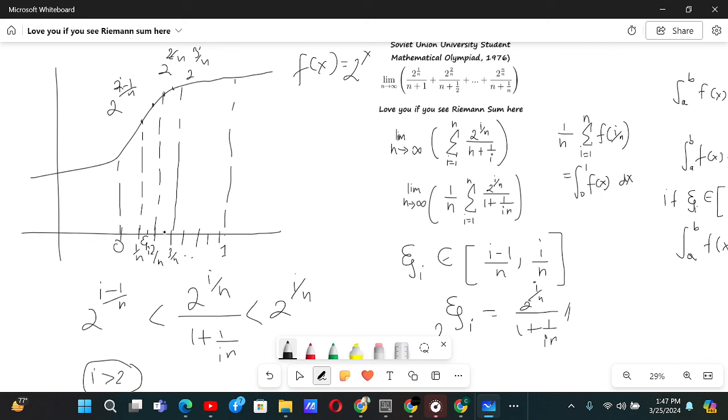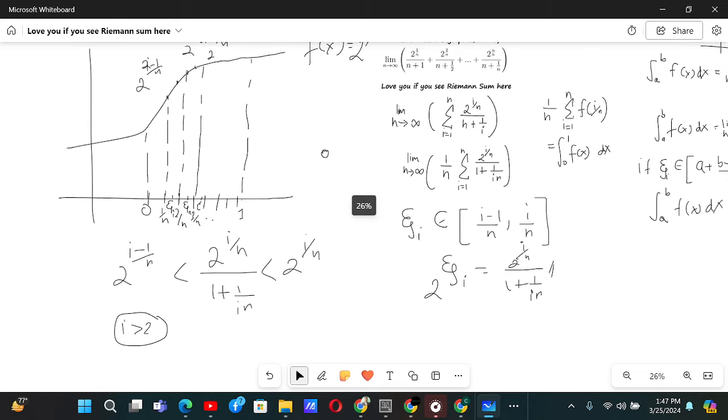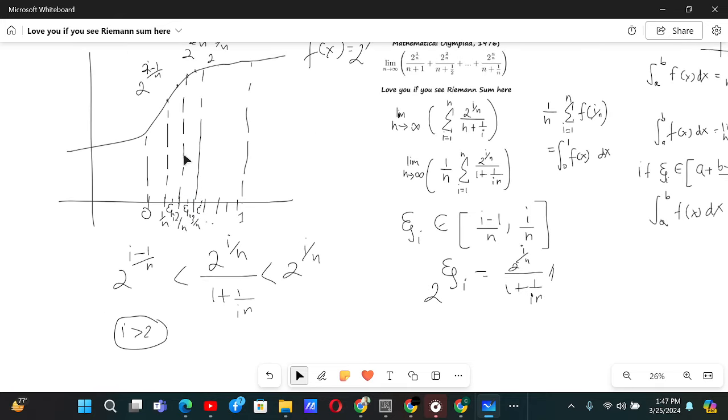There will always be a chi of 2 such that this height will be here. Again, for the other term also, this height will be in between these two, so there will exist a chi. So if I prove that this value will always lie between these two heights, then there should exist some chi of n corresponding to this height that will give this value.